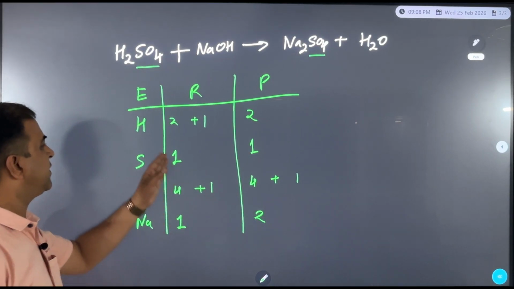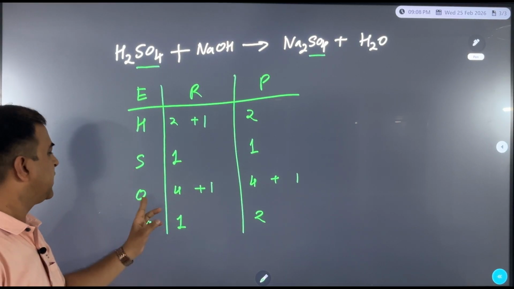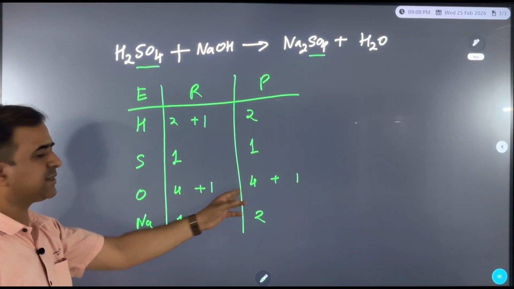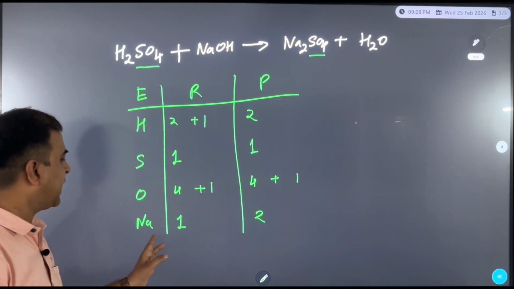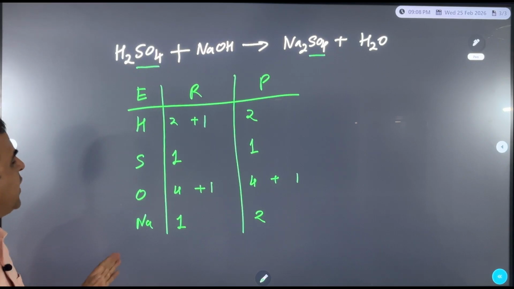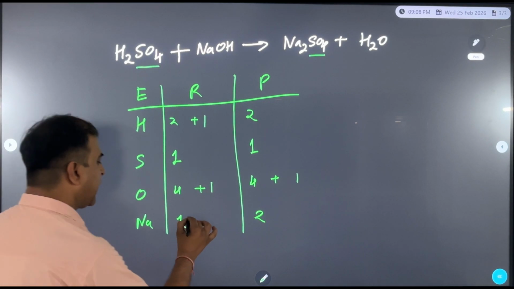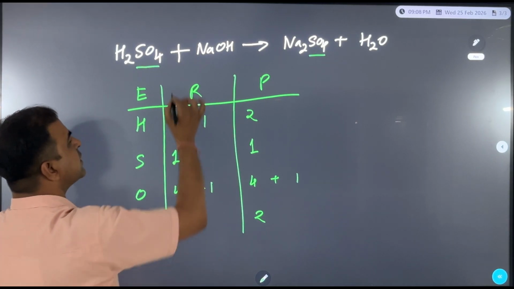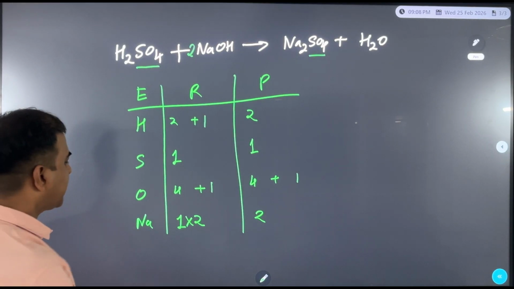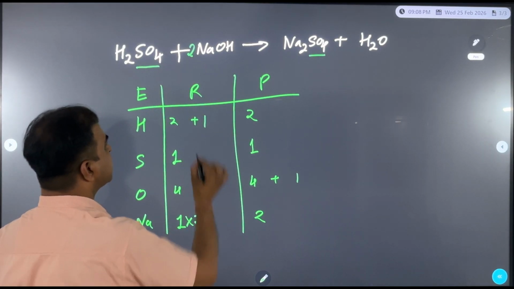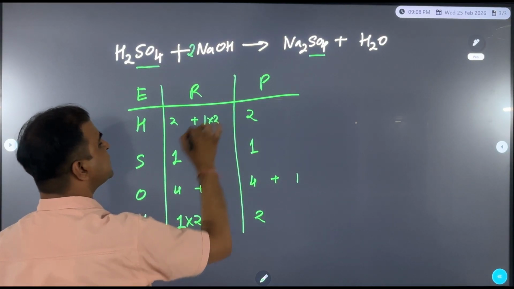So you can see here hydrogen is not balanced because it is 2 plus 1, 3, over there it is 2. Oxygen is balanced here, 4 plus 1, 5, 4 plus 1, 5, and sodium is not balanced. So if we try to balance sodium over here, I have to multiply by 2, and this 2 will be going here. But when I am keeping 2 here, this 2 is going with this 1 of the oxygen.